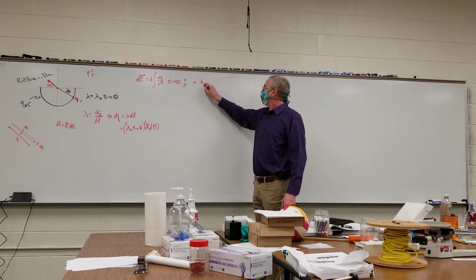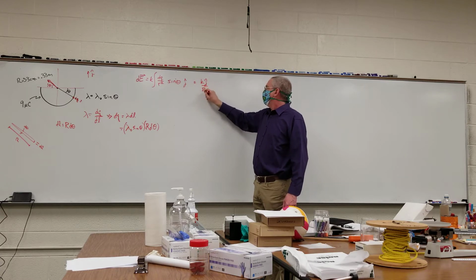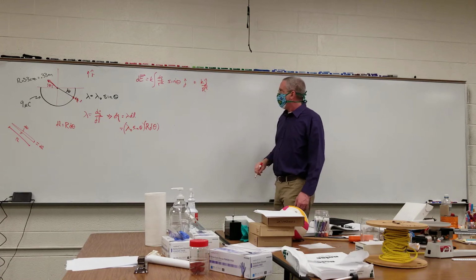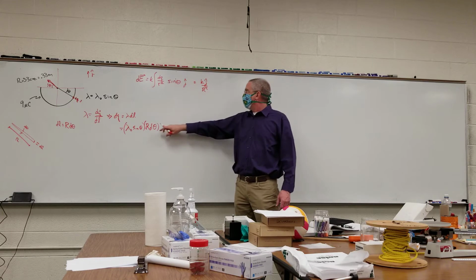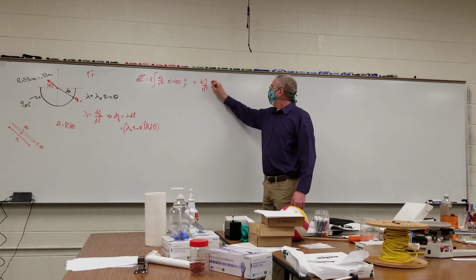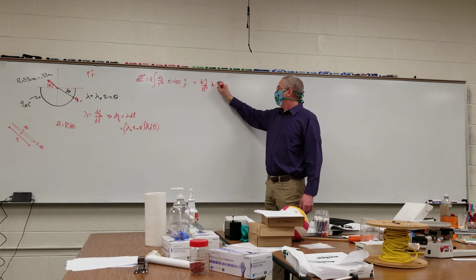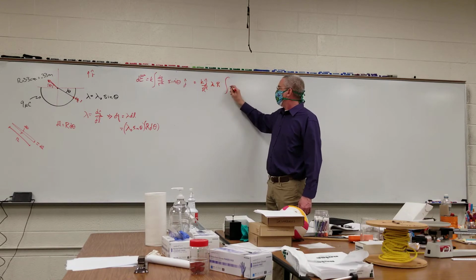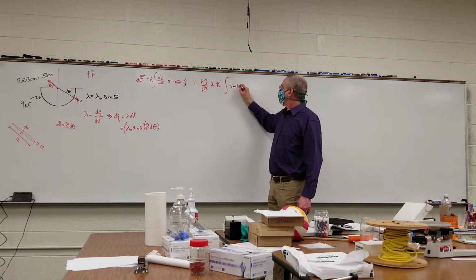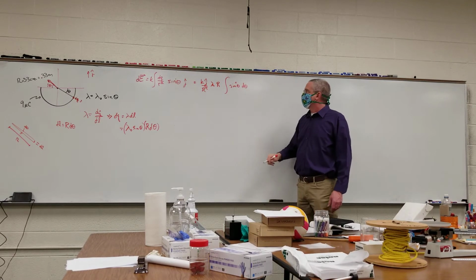I've got k on the outside, j hat on the outside, r squared on the outside. Bringing this in, lambda sub naught is constant, r is constant, and I'm left with sine theta d theta, squaring the sine.